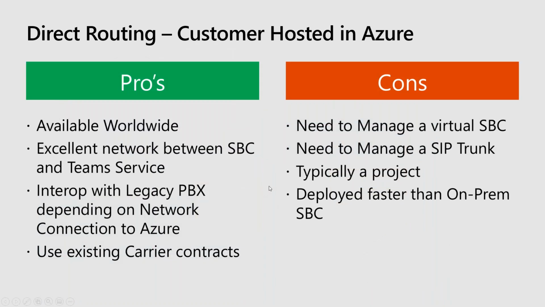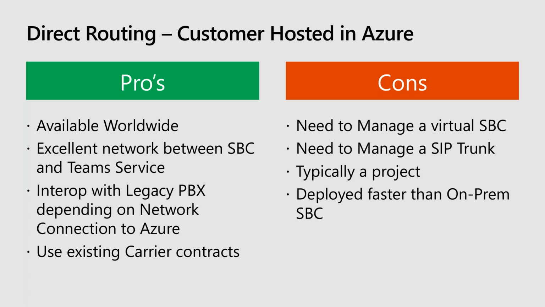Now, of course, this is also available worldwide. We have a good network connection between the SBC and the Teams service. But now the question is, can we still do legacy PBX interop? Maybe we can, but maybe it's going over a VPN, so maybe it's not really what we want.